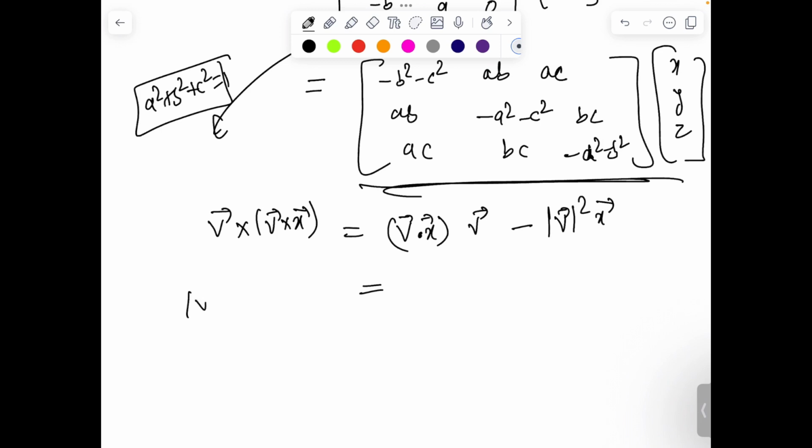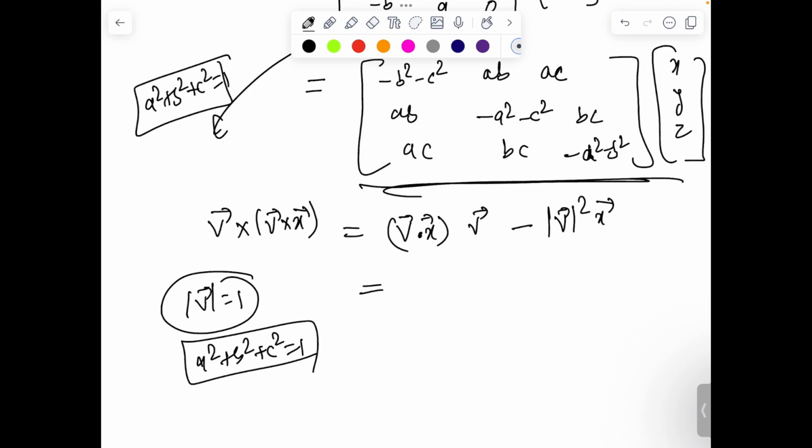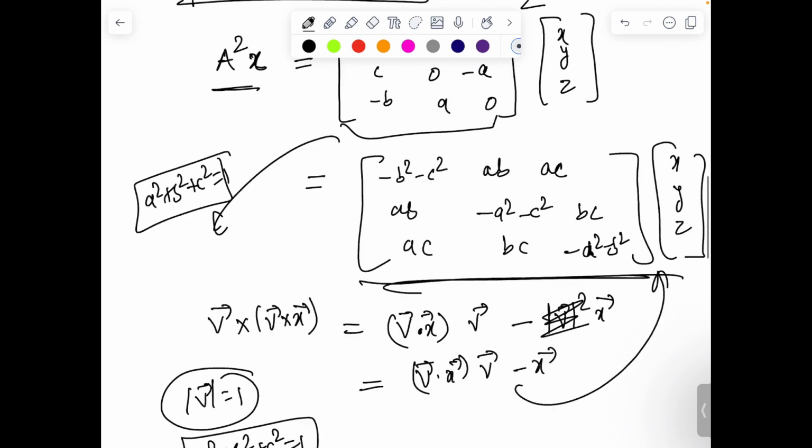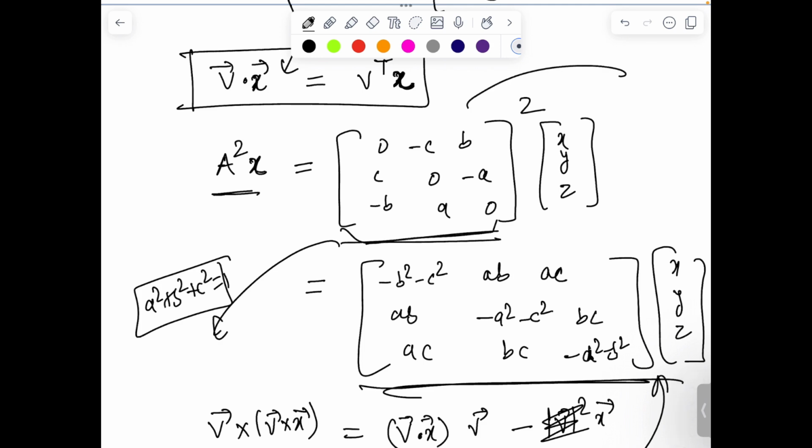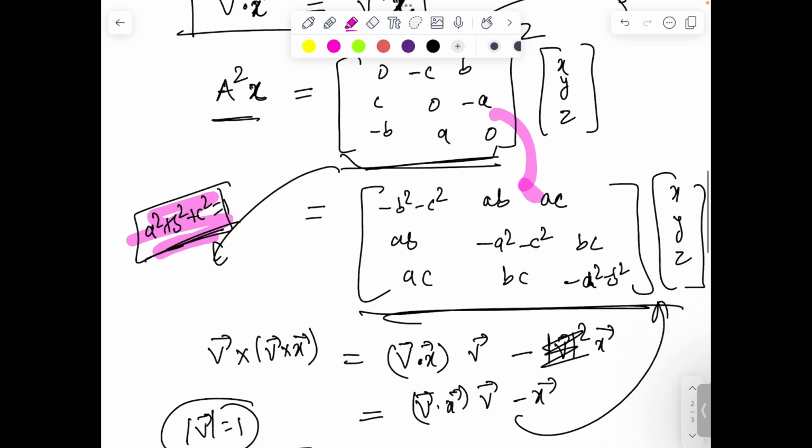So if mod of b is 1, which means (a, b, c) is a unit vector, then this expression can also be written as (b dot x) times b minus x, which is fundamentally what I've written here. So if we square this, provided a square plus b square plus c square is 1, then this will give this answer. That will be easier to manipulate.